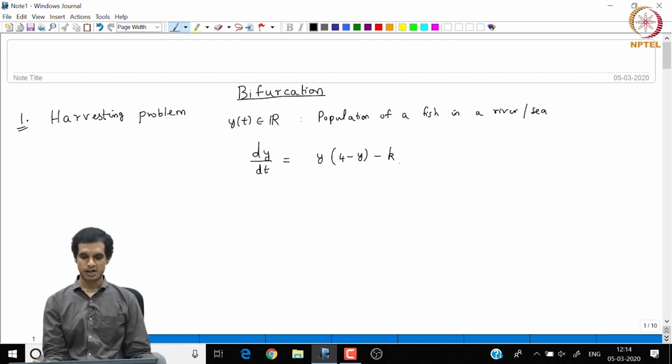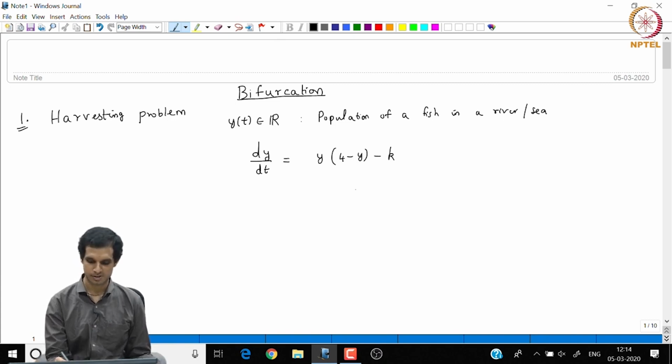Let us first analyze why this model makes sense for the scenario that is presented. If we expand this, we get 4y minus y square minus k. Now, this 4y arises because of the growth or reproduction of the fish.